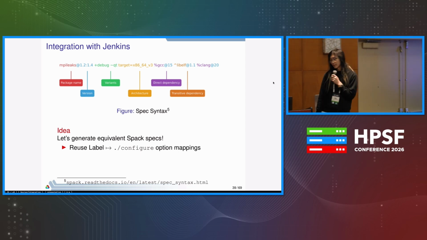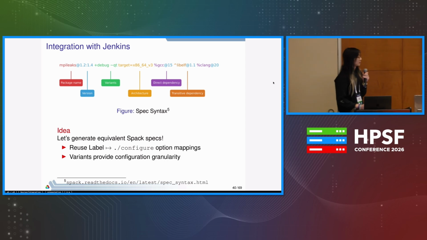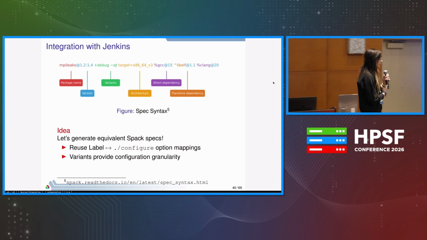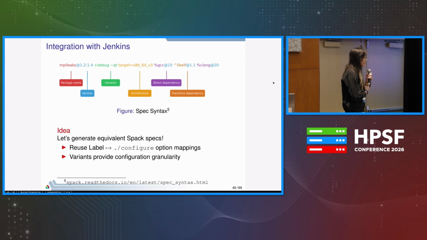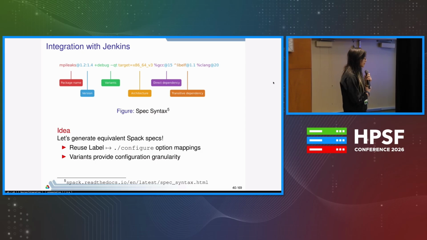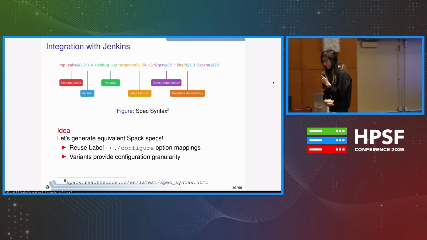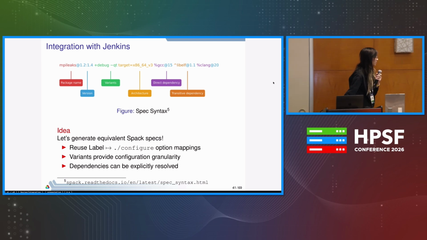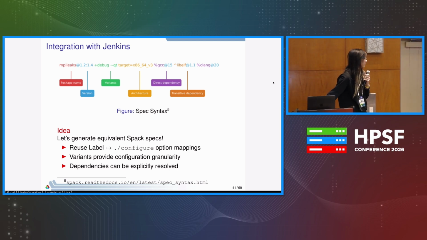So we can reuse that, and if we treat the individual Spack variants as a configure option from automake, for example, we can do more or less a one-to-one mapping between the configure option and a Spack variant, and then that allows us, at the Spack level, to define which configure options correspond to which Spack package we want pulled in at test time. And alongside that, we can also explicitly define dependencies, for example libfabric or UCX, if we want to use particular versions on top of selecting the particular device and netmod.